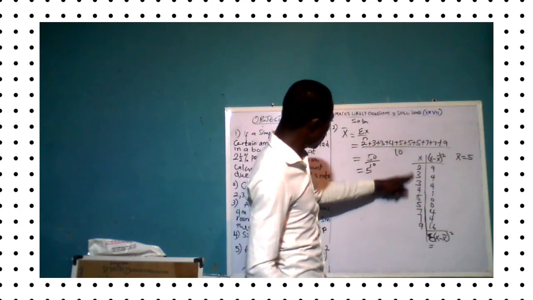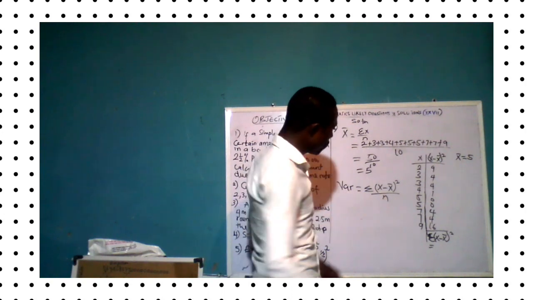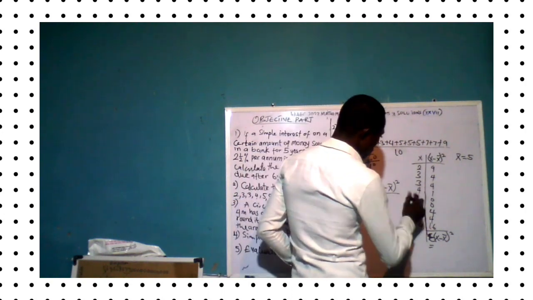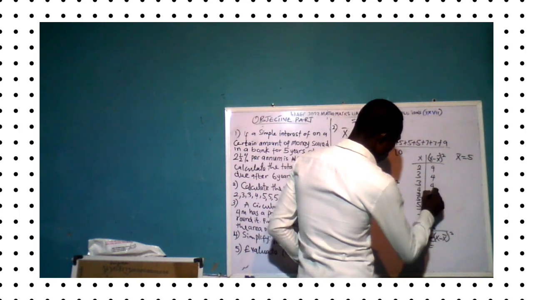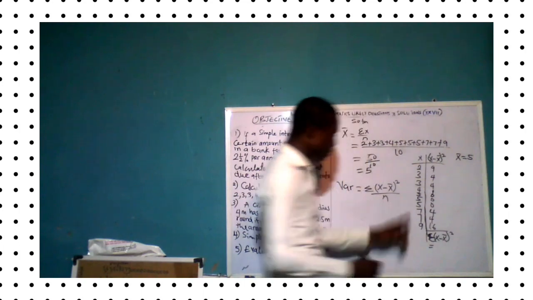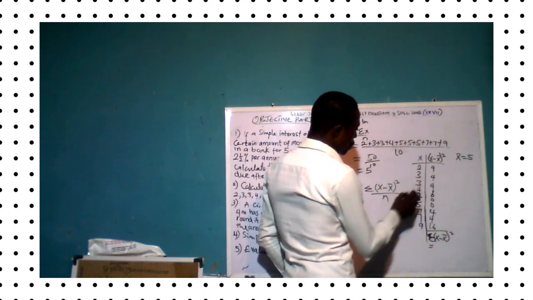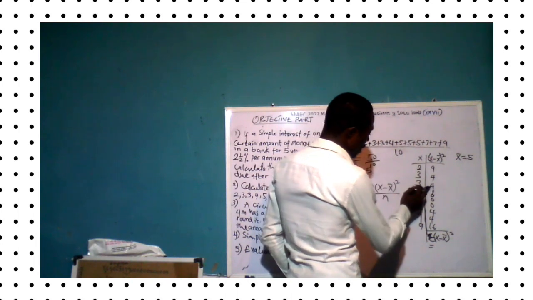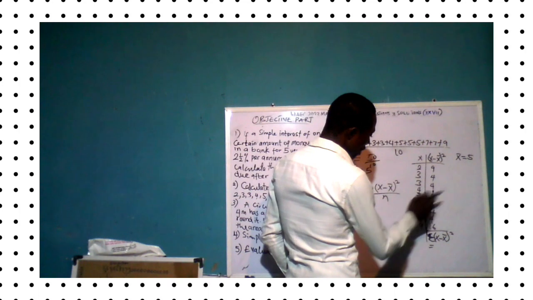So 2, 3, 3, 4, 5, 5. 5 in 2 places, so you have 5, 5, and luckily they all produce 0. They won't have effect on this. So you have 9 plus 4, that's 13, and 13 plus 4 is 17. 17 plus 1 is 18. Plus 4 is 22.